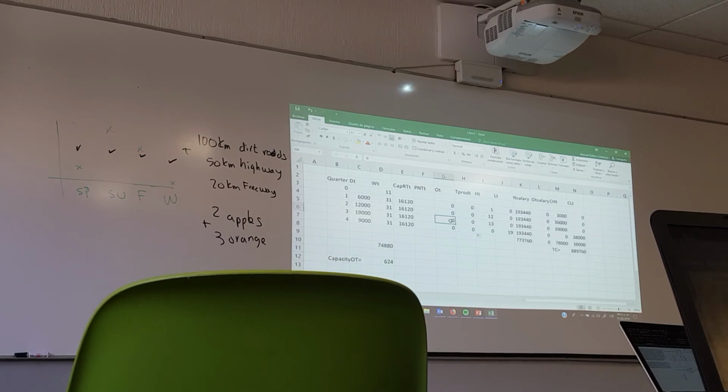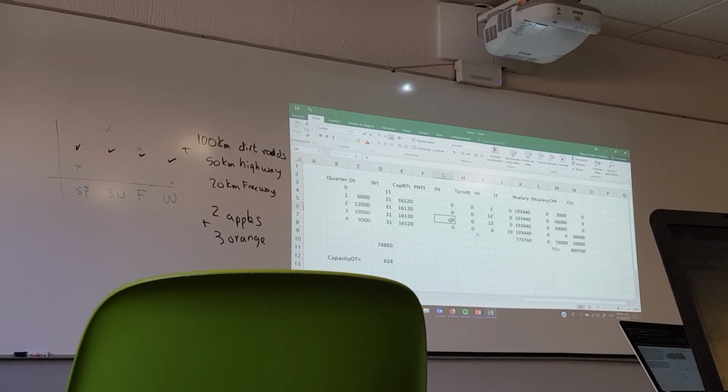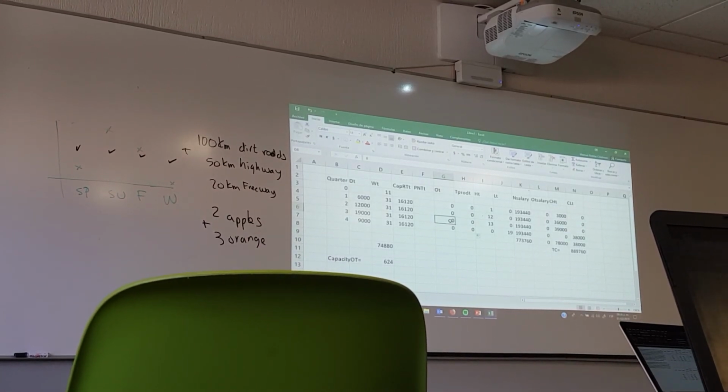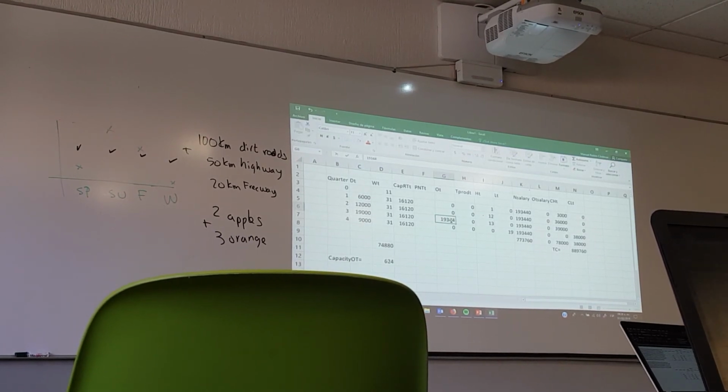20% of 19,000. Can you compute 20%? Why? Because the problem says that we can work up to 20%. So how many hours? 19,344. Well, there's something wrong.